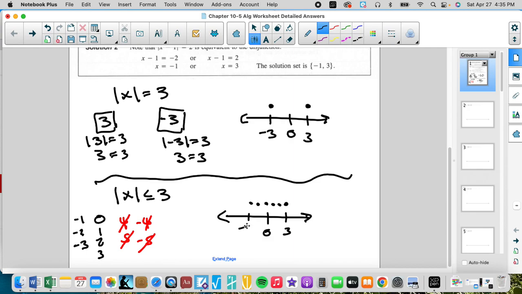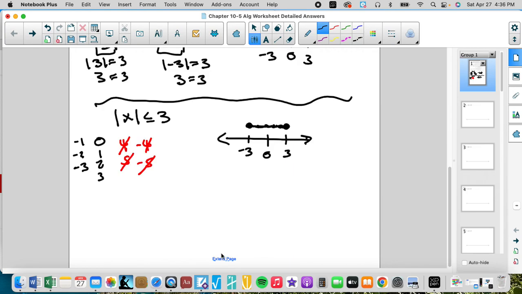So the solutions are actually all between here, including all the decimals and fractions. So we do a closed circle, and if I had to write that, since it's an intersection, guess what I would use? I would use an and. I would write negative 3 is less than or equal to x and x is less than or equal to 3.